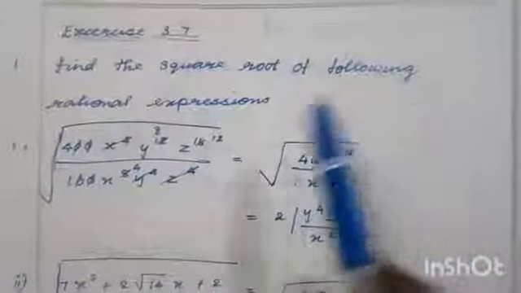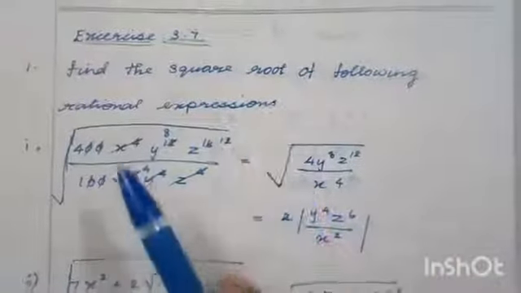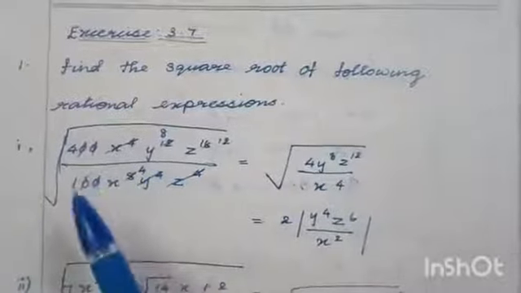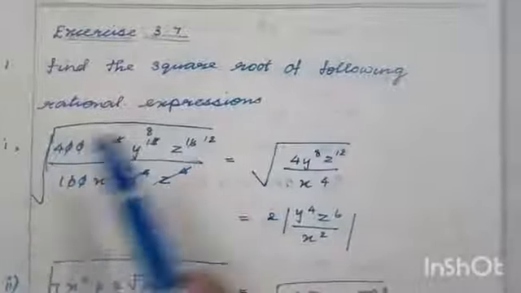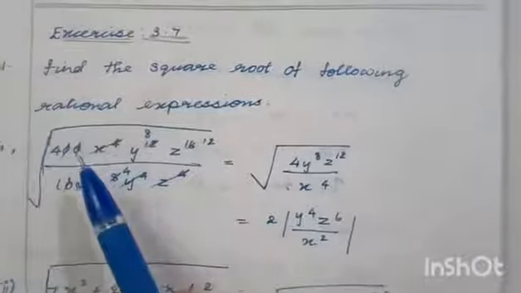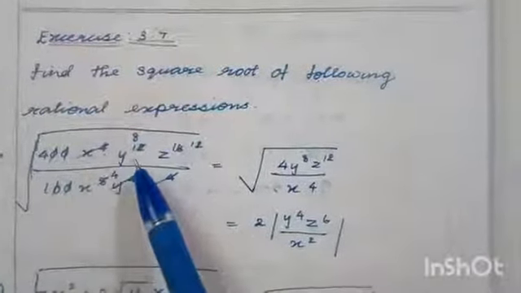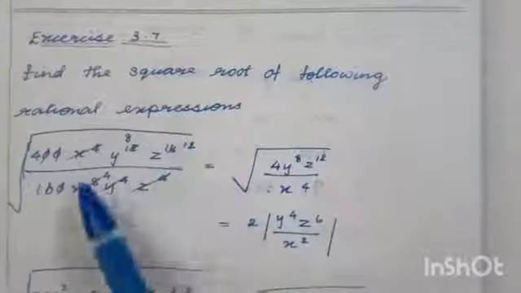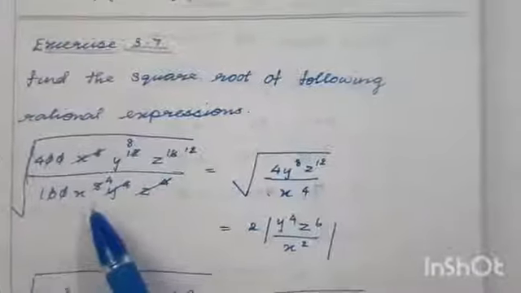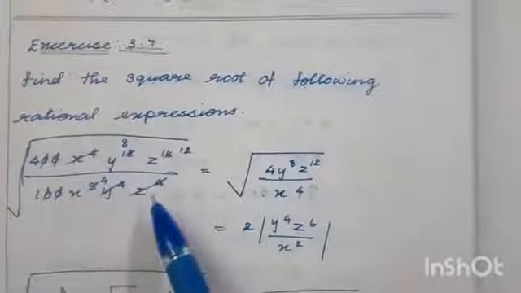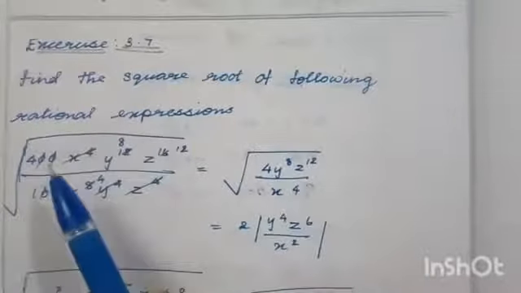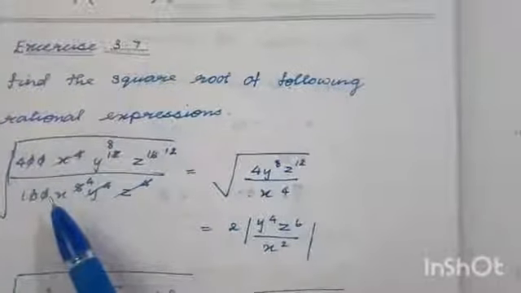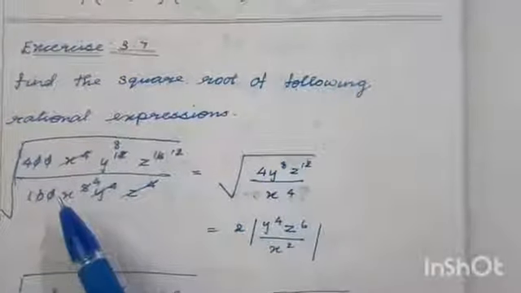We want to find the square root of the following rational expression. First you write the given question. We want to find the square root of, so you write it with the symbol. That is 400 into x power 4 y power 12 z power 16 by 100 into x power 8 y power 4 z power 4. First make the cancellations, then take the square root.